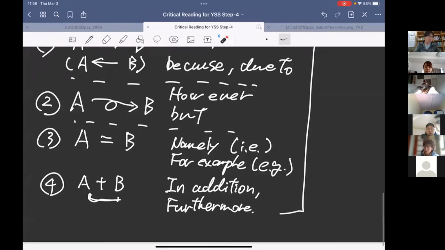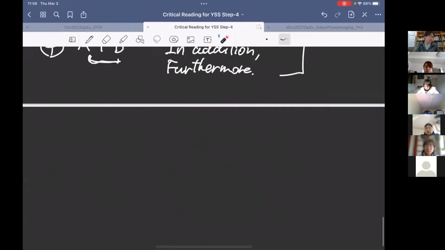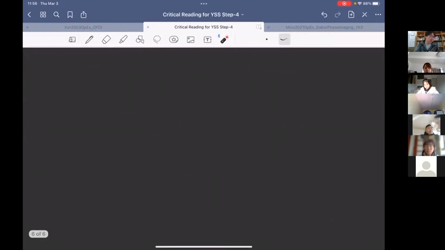Now, you have some tools to carefully read the paper. And the next step I would like you to do is summarize each paragraph.